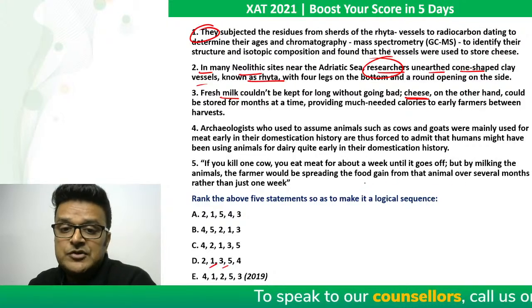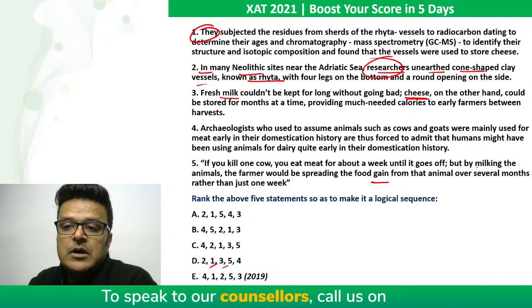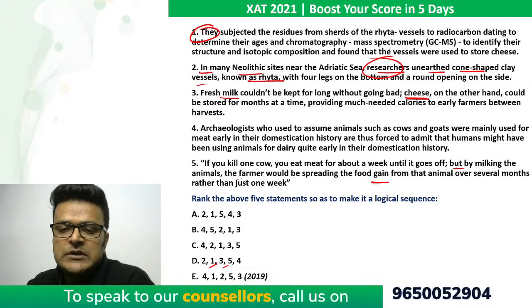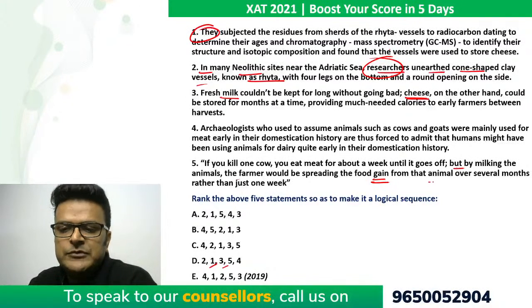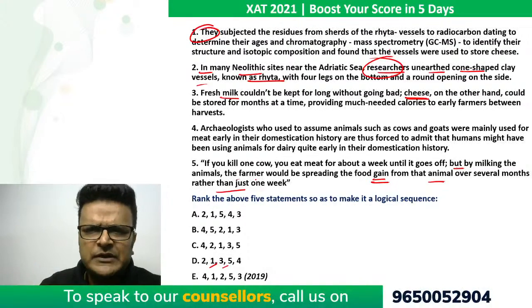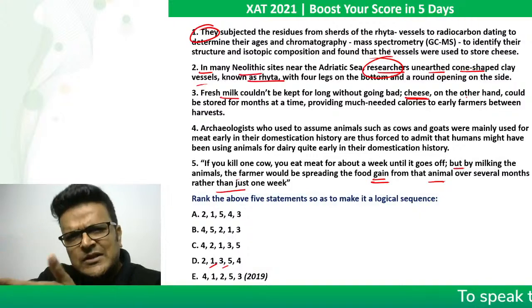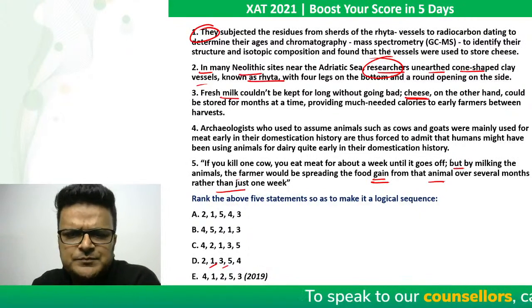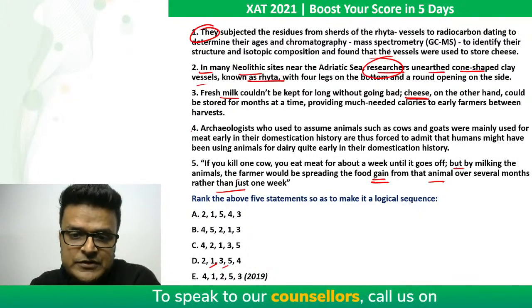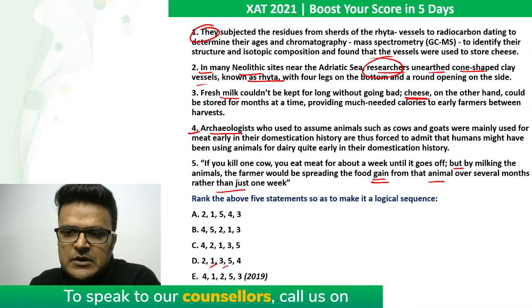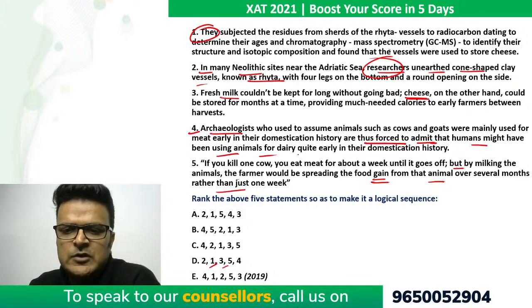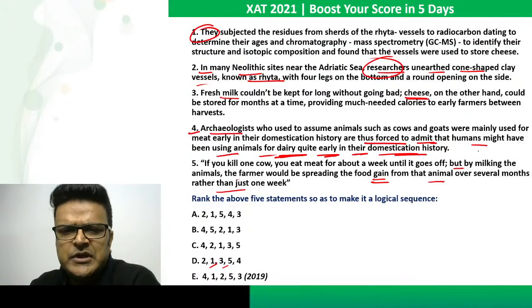But if you make cheese, but by milking the animal, the farmer would be spreading the food gain from that animal over several months. Means what? If you make cheese out of it, you can eat it for several months. तो एक बार में खा गए, उसके से अच्छा है 7 महीने तक खाओ, 10 महीने तक खाओ, right? And then fourth says, archaeologists thus forced to admit that the human might have been using animals for dairy quite early in their domestication history.